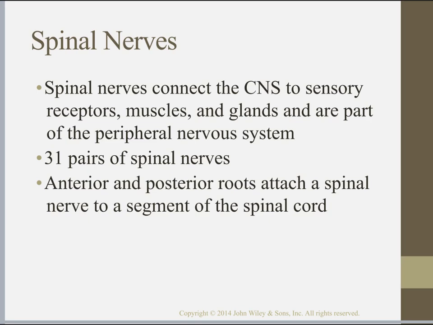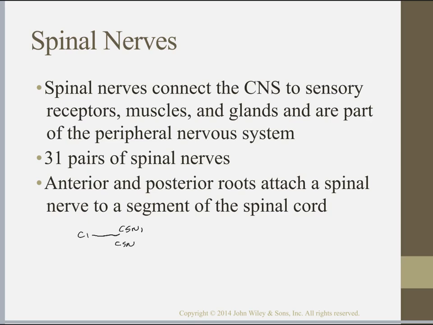Now, counting spinal nerves is a little bit tricky. If you think about the vertebra that we have, we have 7 cervical vertebra, 12 thoracic, 5 lumbar. When we count spinal nerves, we count either above or below the vertebra. Now, if we were to start at our cervical spinal nerve 1, we're going to count the spinal nerve above C1.